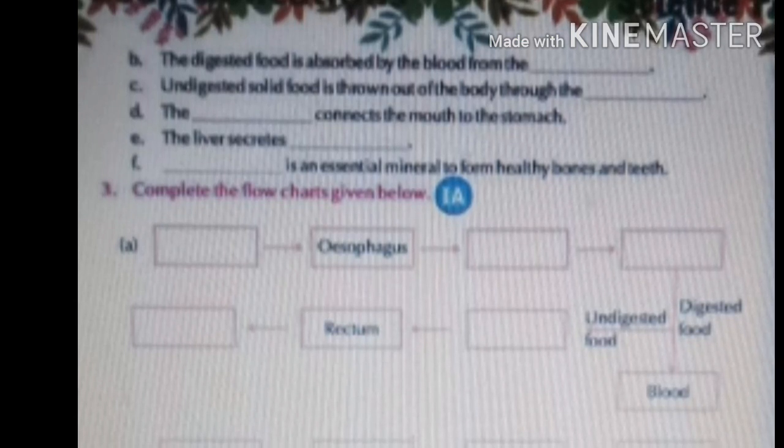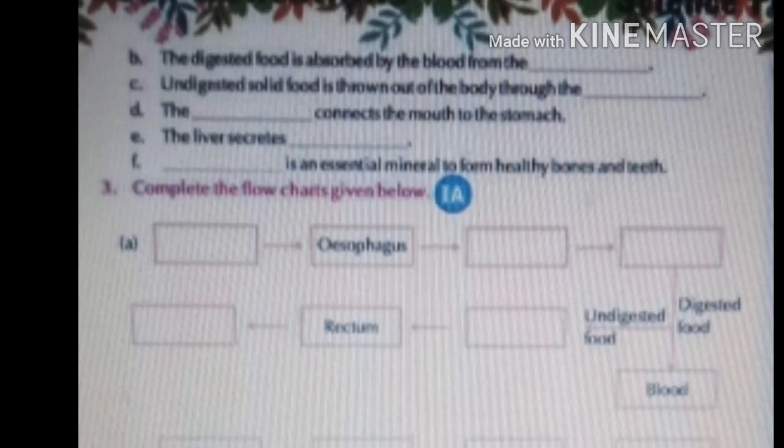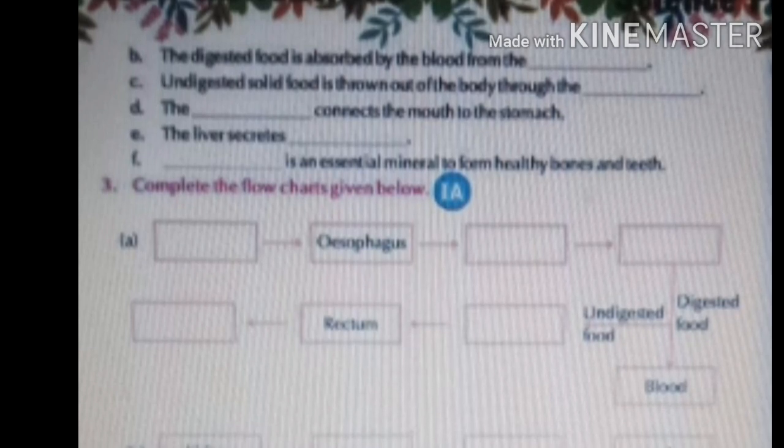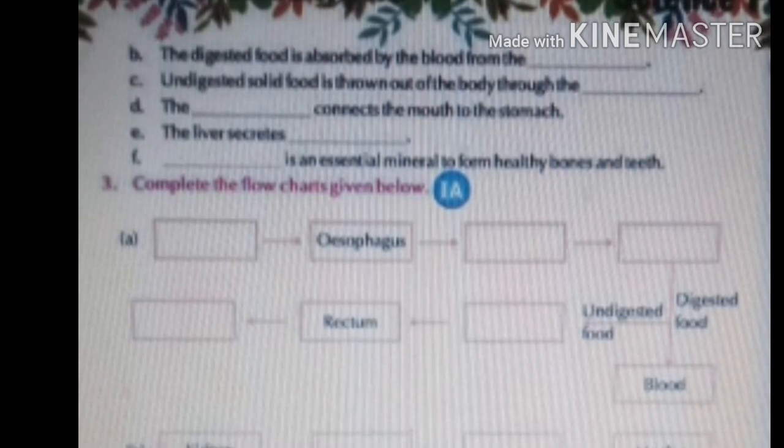The right answer is small intestine. C part. Undigested solid food is thrown out of the body through the anus. Answer is anus.